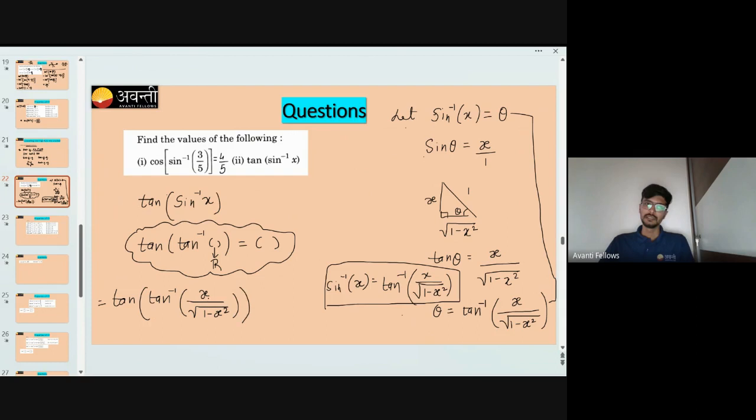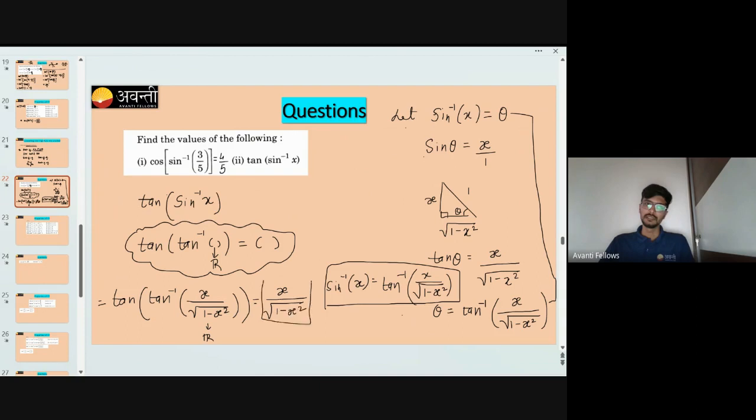Now, simply please note that this belongs to R, like this is a real number, right? X upon under root of 1 minus x square, whatever may be the value of x, will always be a real number. Meaning I can use set 3 and simply cancel this, and my answer will be x upon under root of 1 minus x square.